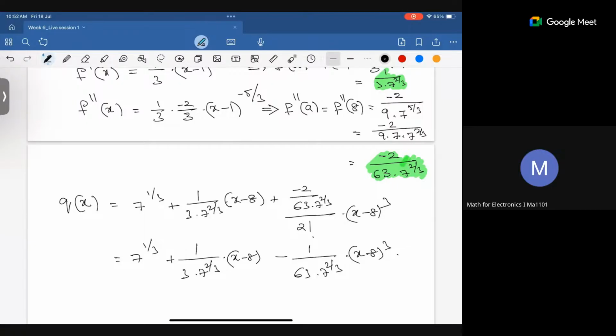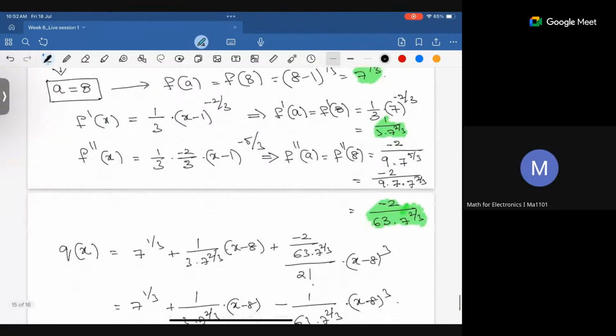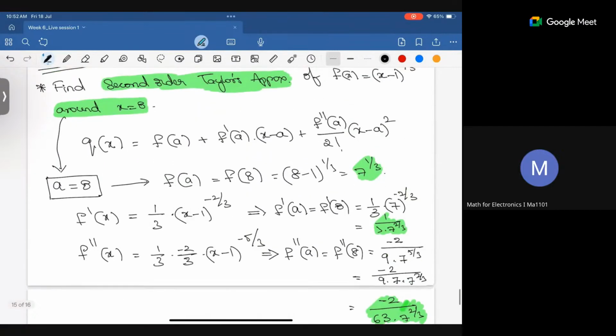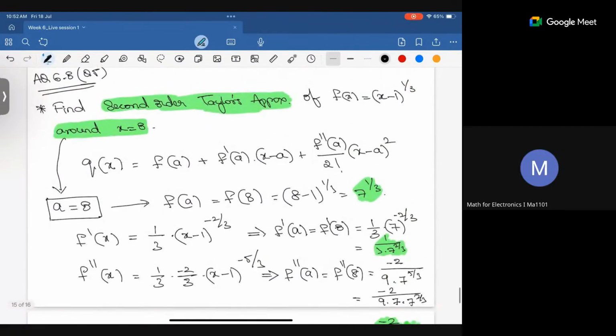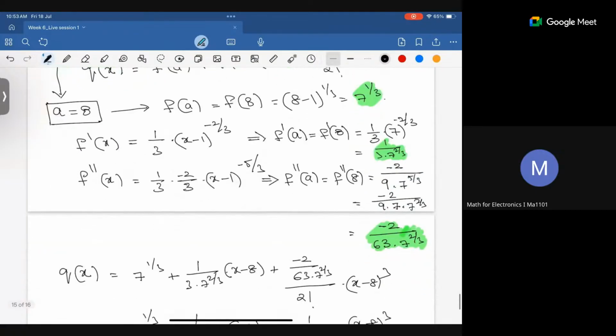Might be an error from their side. I hope we did it correctly, right? Is there any plus or minus? Did I put it wrongly? No, this is correct, right?